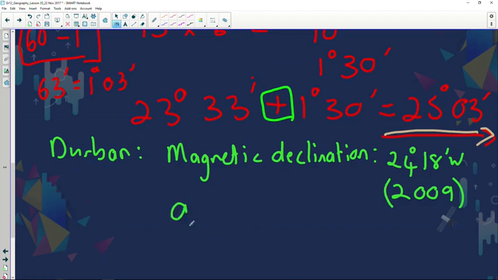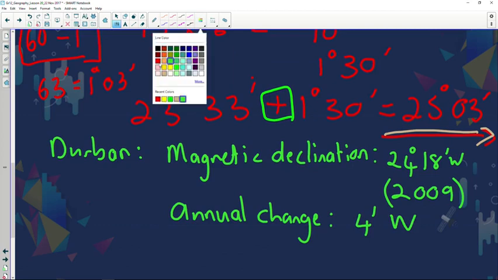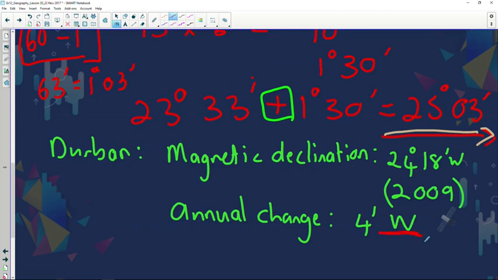The annual change, the yearly change, is 4 minutes west. Now once again, pay attention to the westerly direction, because what do we do with west?